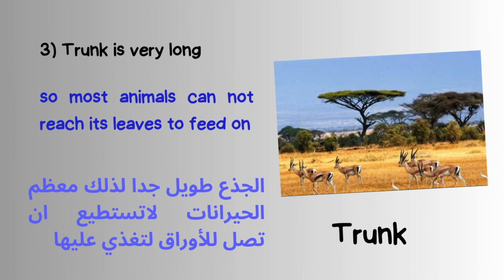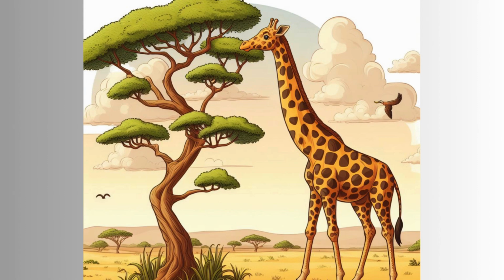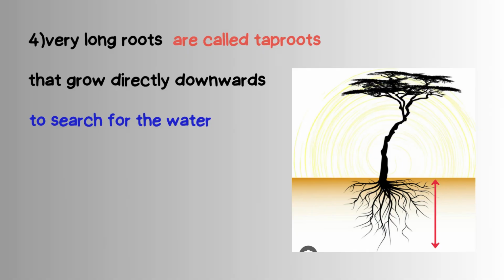Here we talked about the trunk, and we said that the trunk is very tall. So also most animals can't reach these leaves to feed on. So most animals can't eat from the acacia tree, except the giraffe, okay? Because the giraffe has a long neck, so it can reach the top of this tree and eat the leaves, okay?